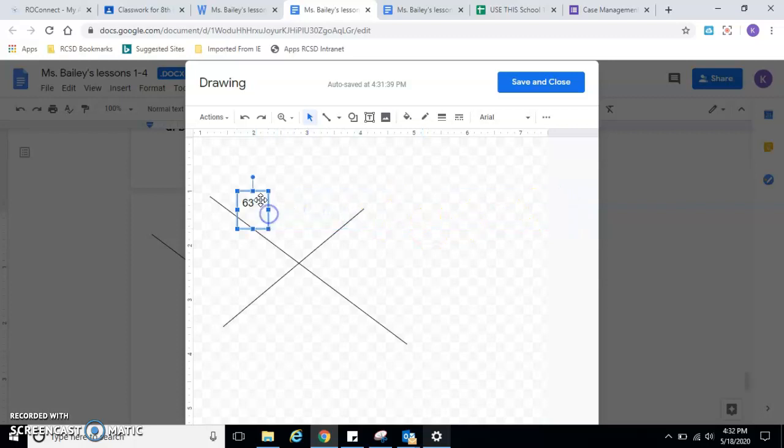It's pretty annoying. Copy, paste. So we know one side says 63, one side says 3x. So our two angles, and then they're across from each other, so we know we can just say they're equal to each other. How nice is that?